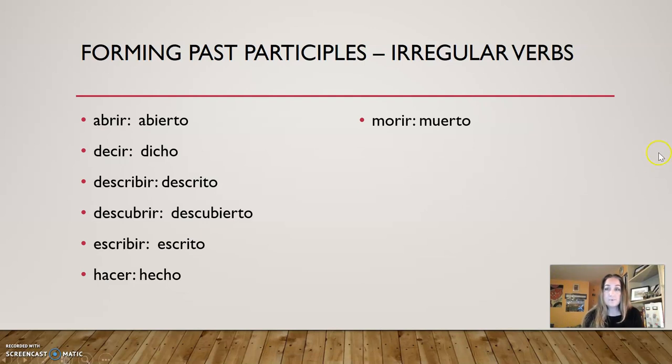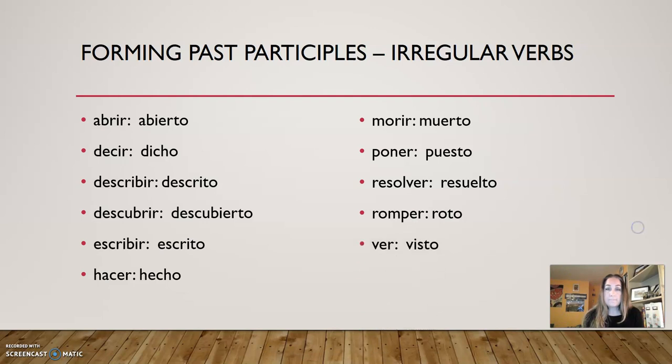You've seen that before. Poner, puesto. Resolver, resuelto. Romper, roto. Ver, visto. Volver, vuelto.